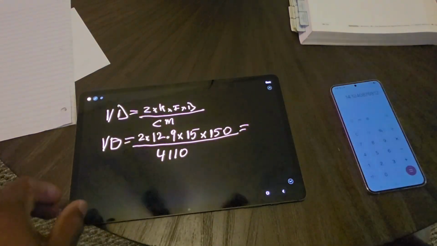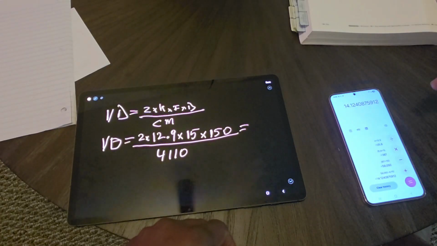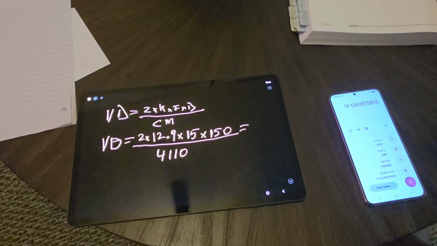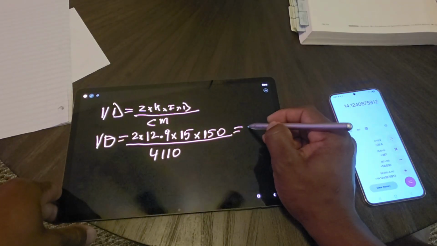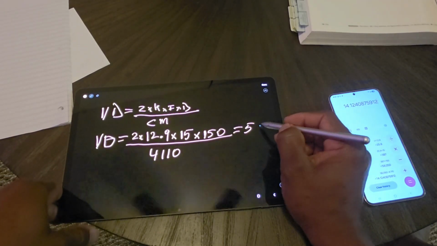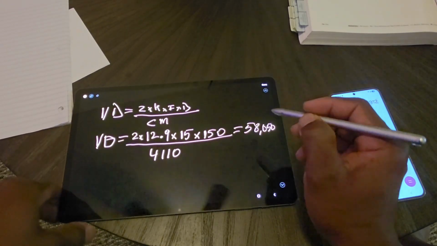After you get all these numbers, all these added up together would give you 58,050.